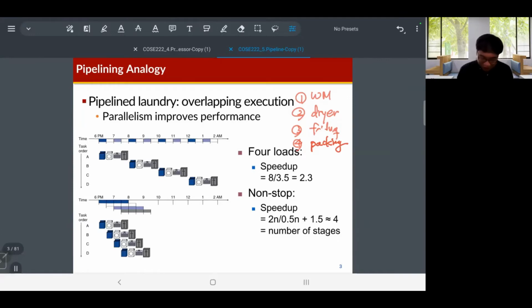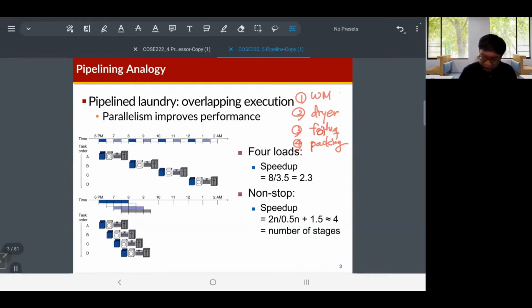So for every single cloth, we use our washing machine first, and then we use the dryer for the next step of the laundry process, and then we fold our clothes, and then we pack our clothes in the closet.